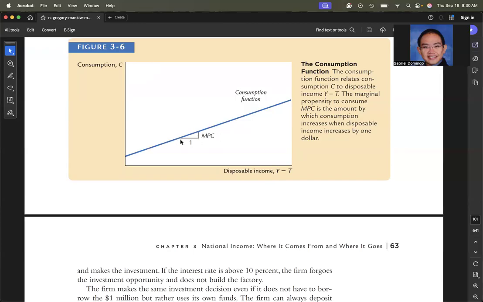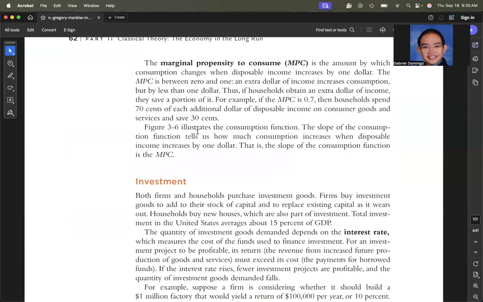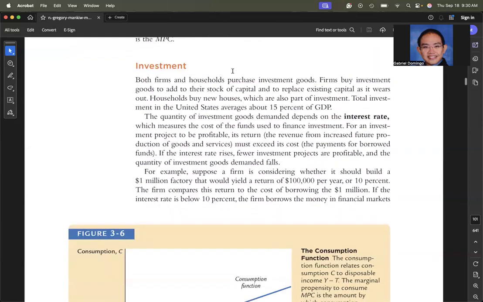For every $1 increase in disposable income, your consumption goes up by the amount of MPC. By this logic, if MPC is the amount that is consumed, then 1 minus MPC is the amount of disposable income that is saved.